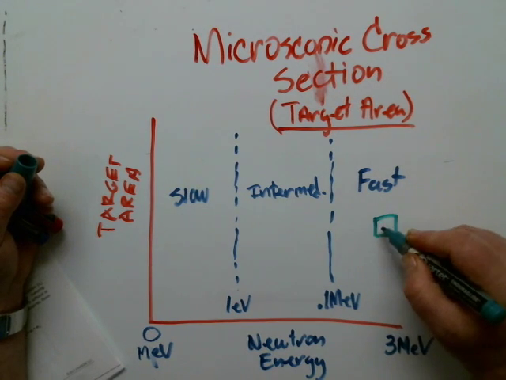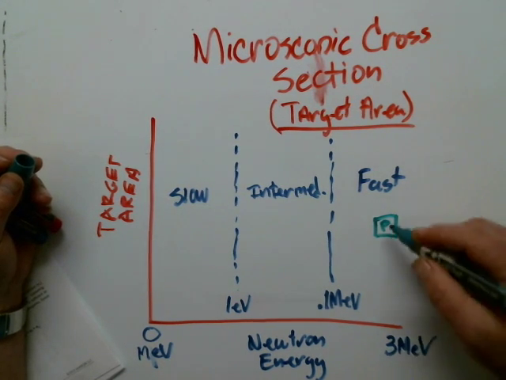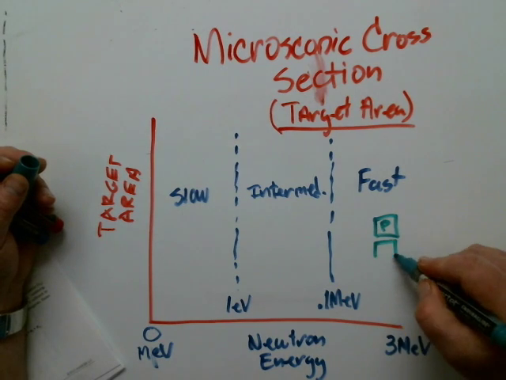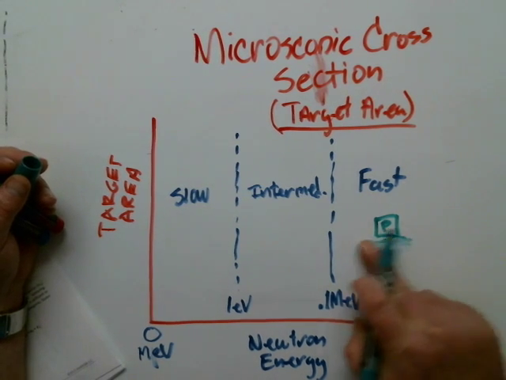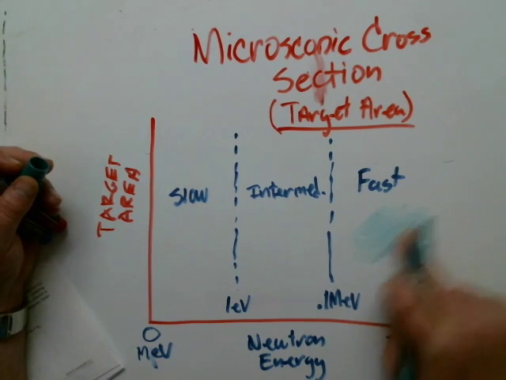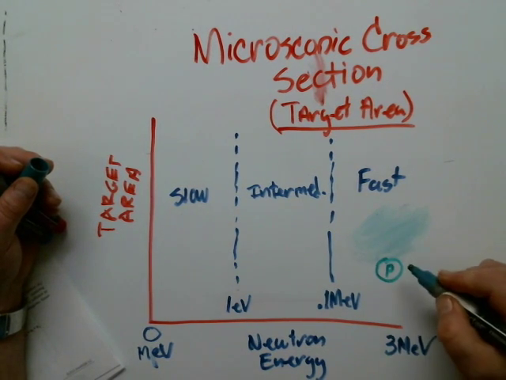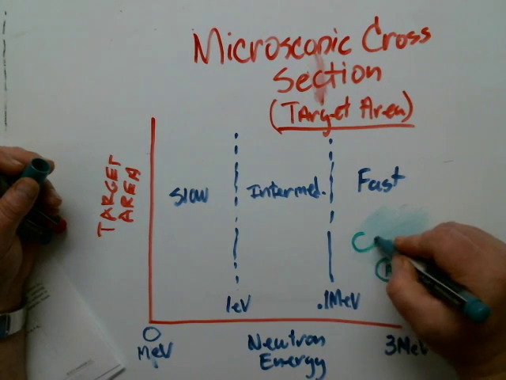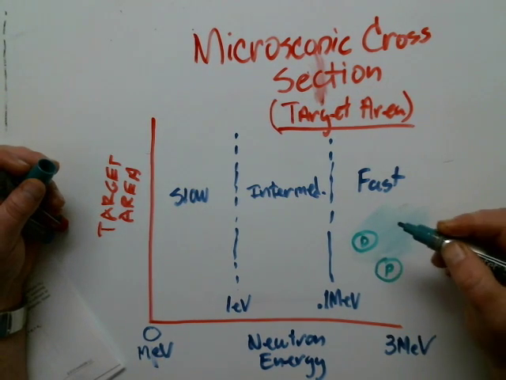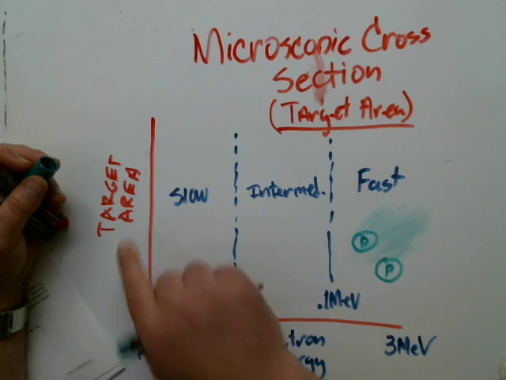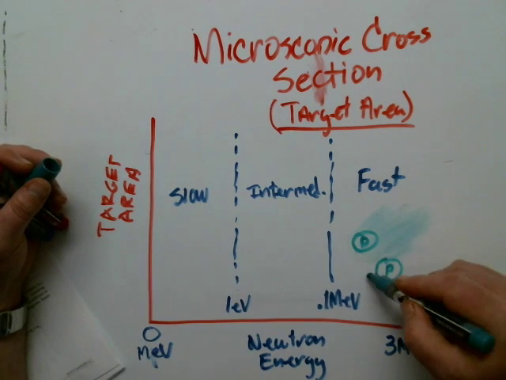Here is a prompt neutron, which we haven't discussed yet. Let me rewrite those. I'm going to do it in circles. Here's a prompt neutron. Here is a delayed neutron. Look at the target area while they're in the fast energy spectrum.